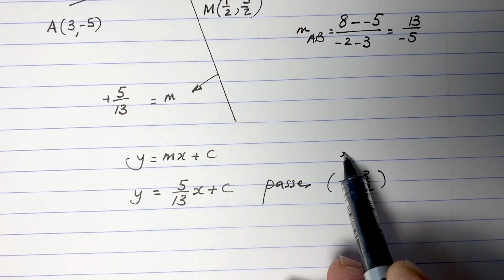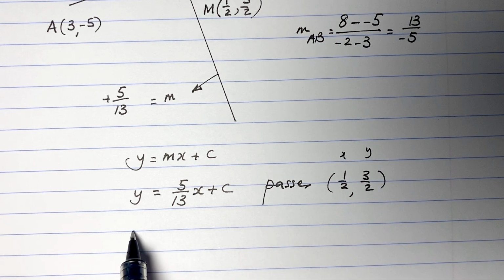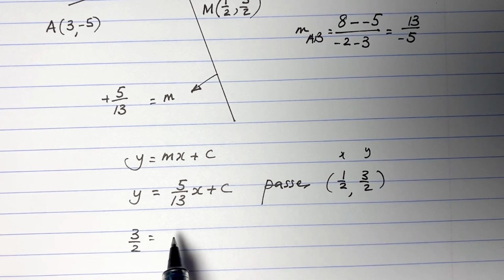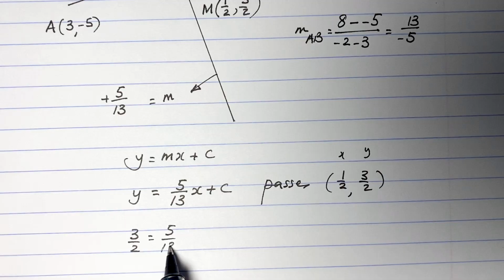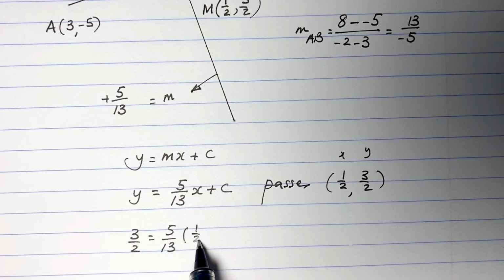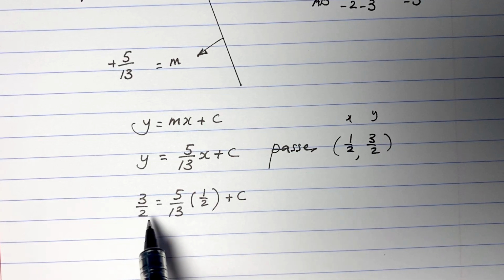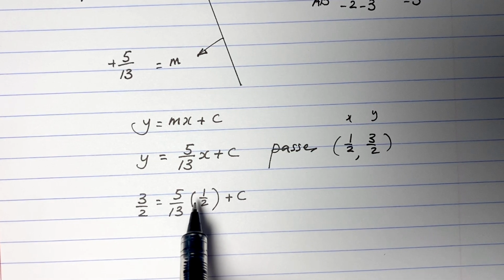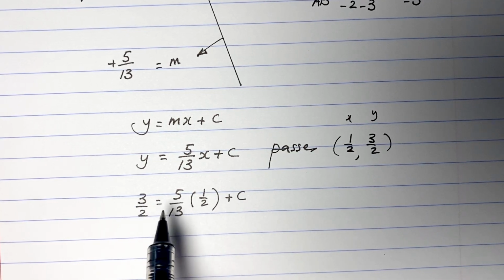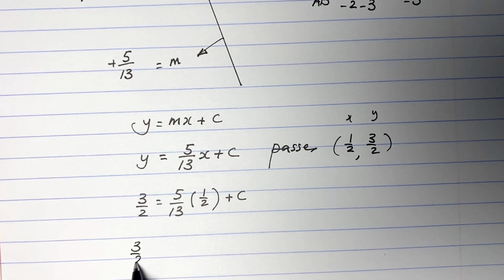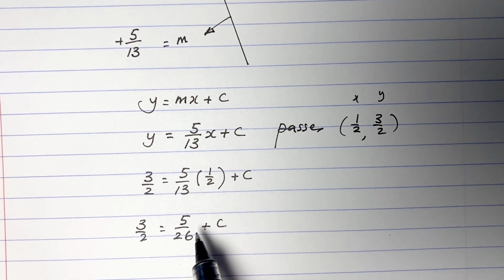Let's replace, this is the x value, that's the y value. So 3 over 2 equals 5 over 13, x is half, plus c. We need to work out multiplication of these two fractions and then subtraction of these two. 3 over 2, that is 5 over 26 plus c.